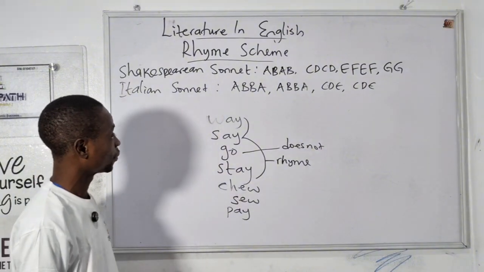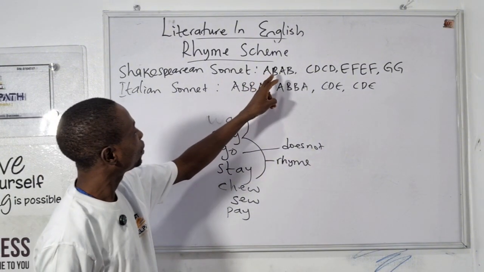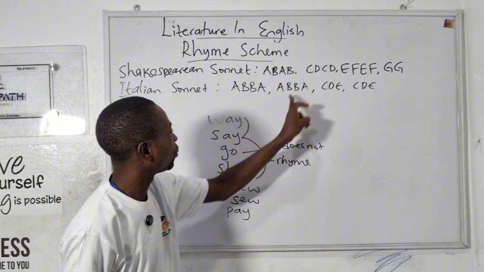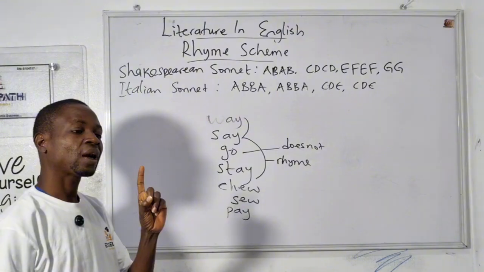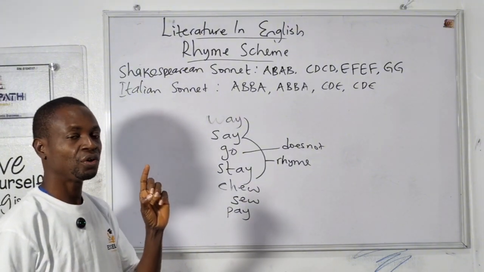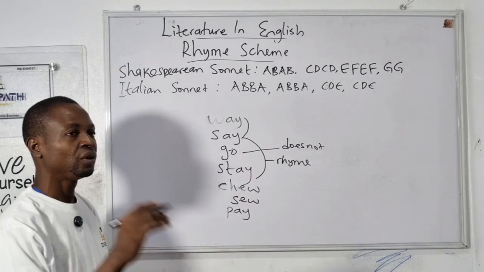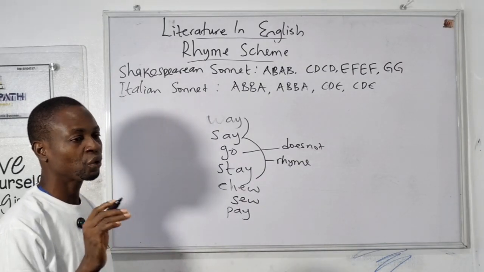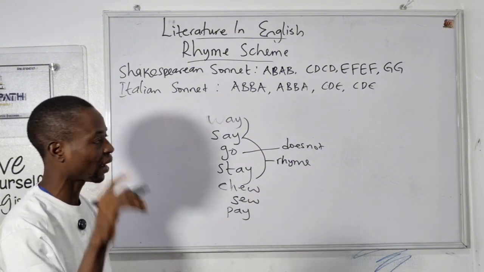Are you getting me? Now in literature, to get something like this rhyme scheme, this is what you do. You check the end of each line in the poem. The end of each line in the poem. The ending word, you are mostly concerned with the ending word, the words ending the line.